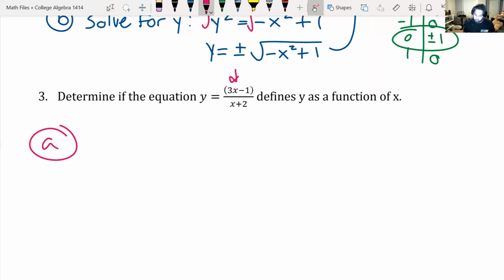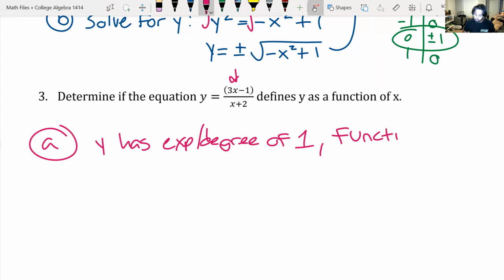So y has exponent or degree of 1, which means we have a function. All right, and that's perfect. We don't have to solve for y.